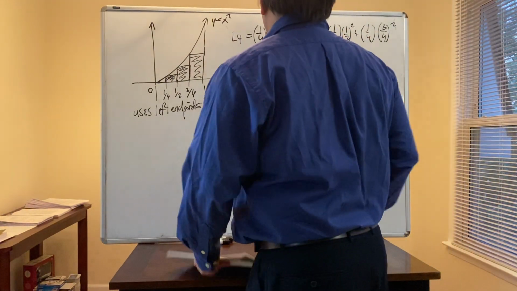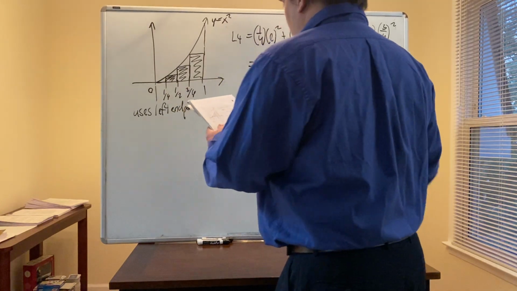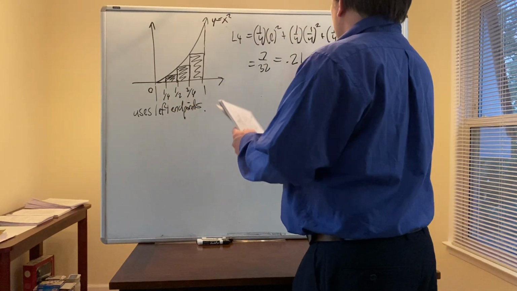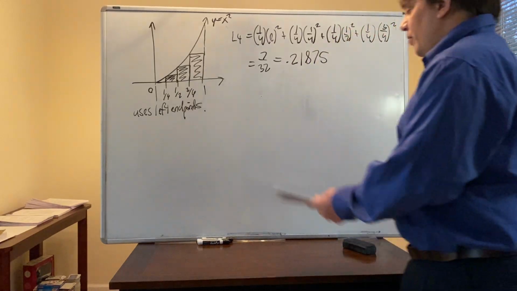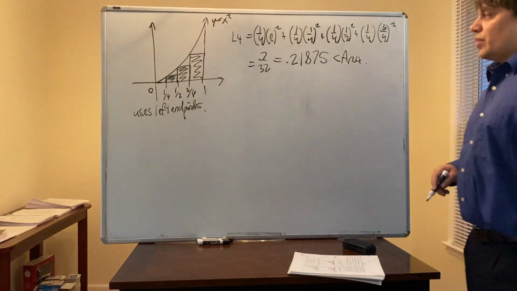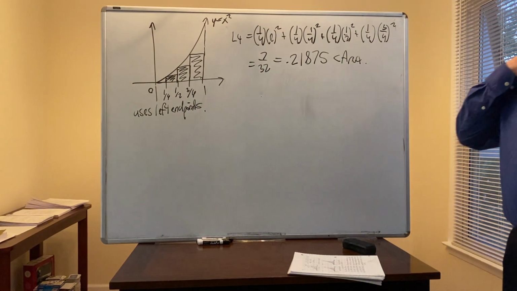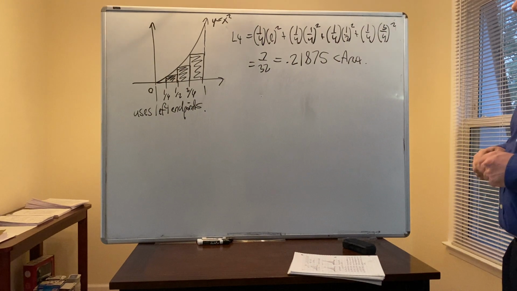When you add up those products, you get 7/32, which as a decimal is 0.21875. And this is less than the actual area under the curve. It's a lower estimate. The other one was more, and this one is less than the actual area.